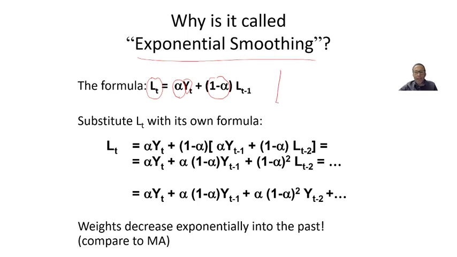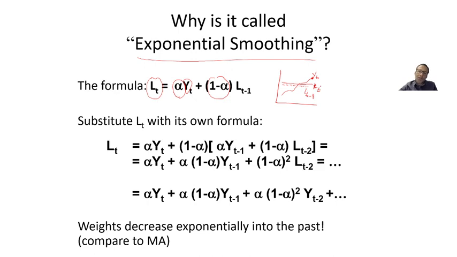So if we have a function like this, and this is the level in time t, we have alpha y_t, so the alpha y_t will be this, and this is L_{t-1}, the level in time t minus 1.